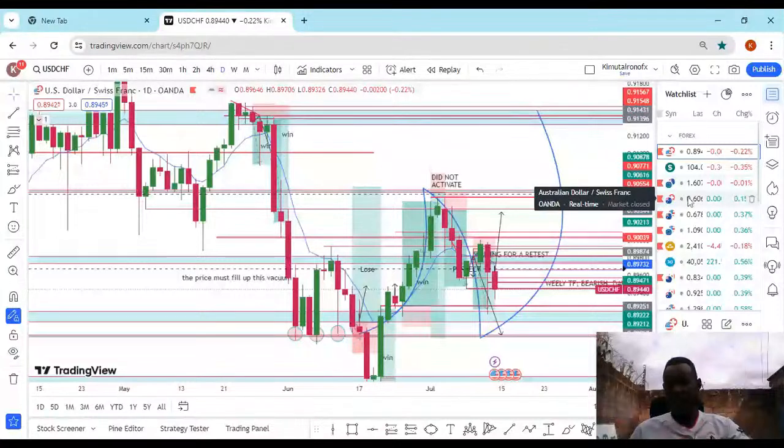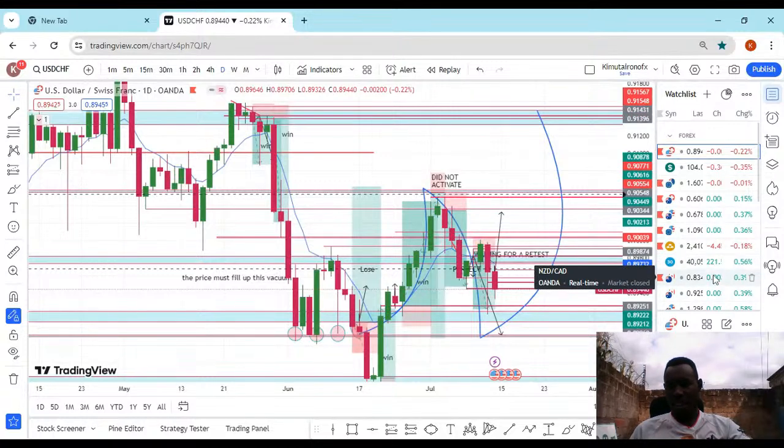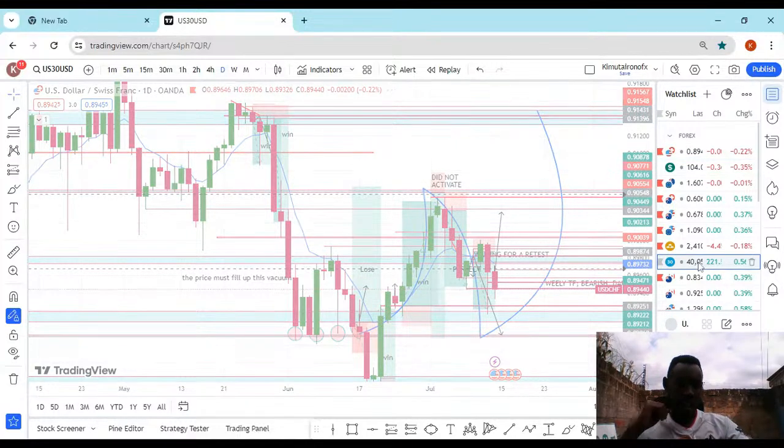The next pairs have been the AUDCHF, the AUDUSD, Euro USD, and finally the gold. Lately, I've been really checking into the US 30. That is an index. Previously, we've been looking at the currency pairs and the metals, but now we are looking into the indices.